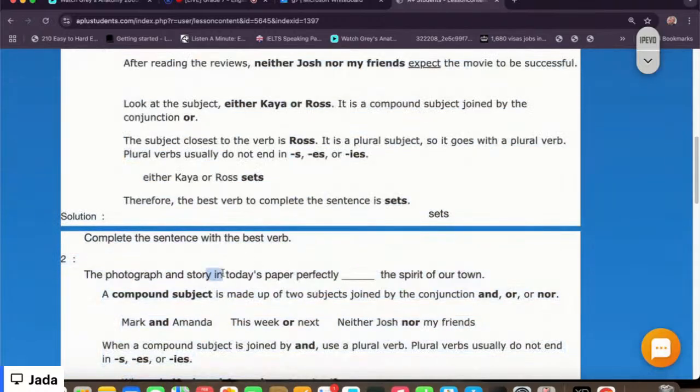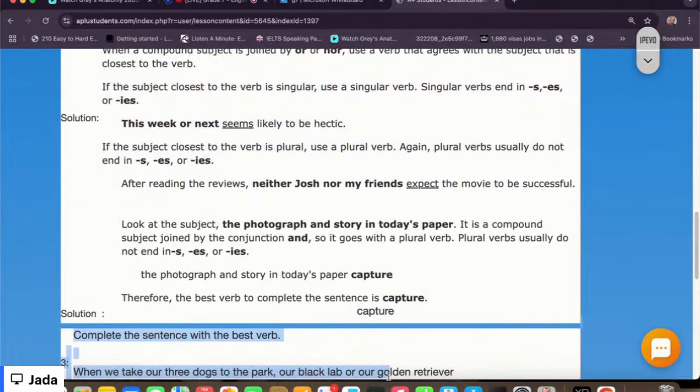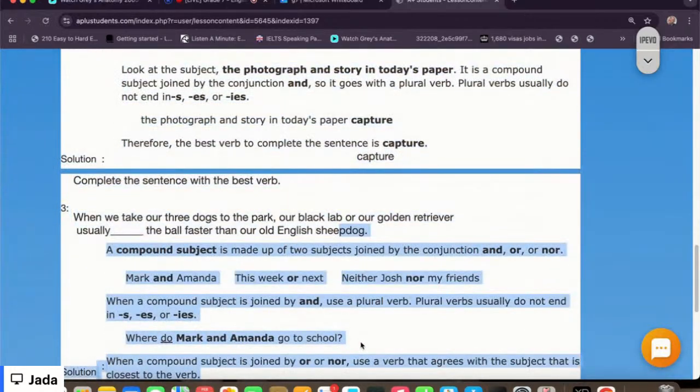So, the photographer and story in today's paper perfectly dash the spirit of our town. Remember that once we have and, it is automatically plural, so it is capture. Then we have, when we take our three dogs to the park, our black lab or our golden retriever usually dash the ball faster than our old English sheepdog.